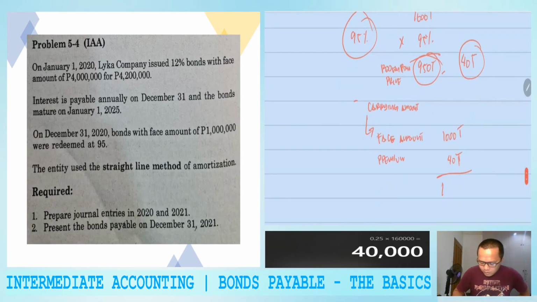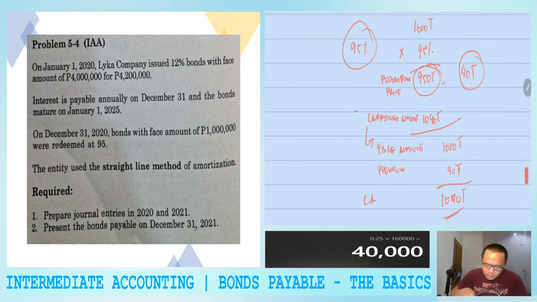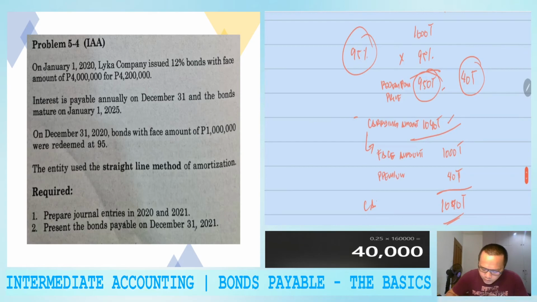We have 1,040,000 carrying amount. So, to understand this, may utang tayo na 1,040,000 pero binayaran natin ng 950. The difference, we have 90,000.